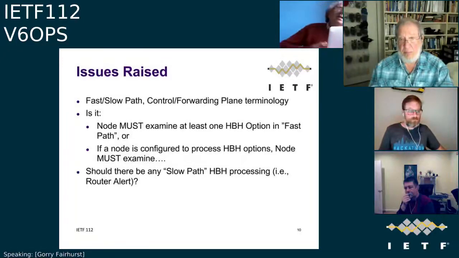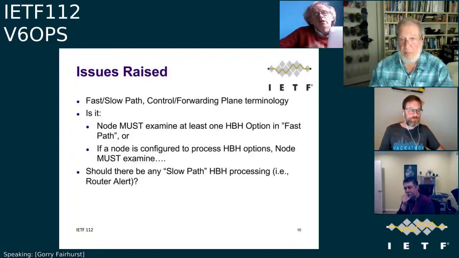But I mean, it's clear to us that the fast path is the right place to be processing the hop-by-hop option. The node must examine at least one hop-by-hop option in the fast path and can be configured to support others.